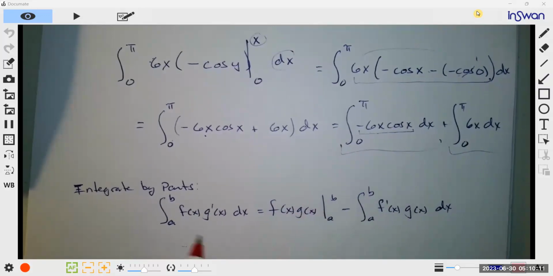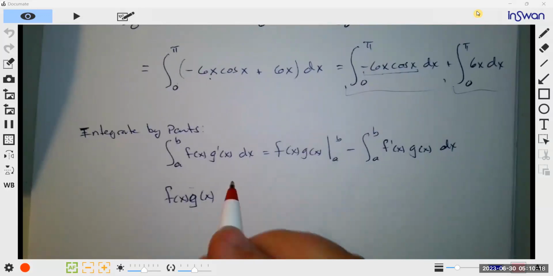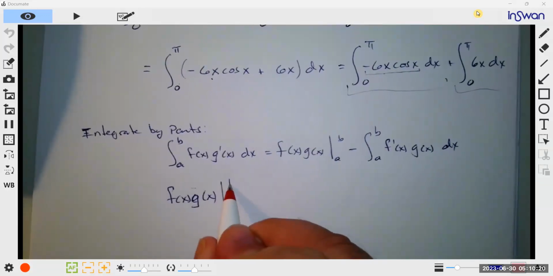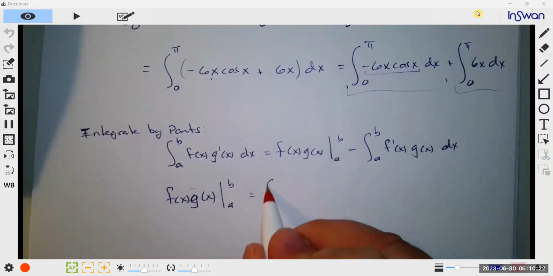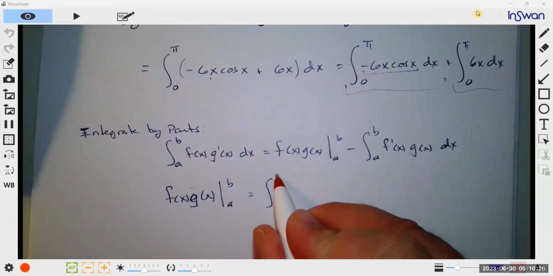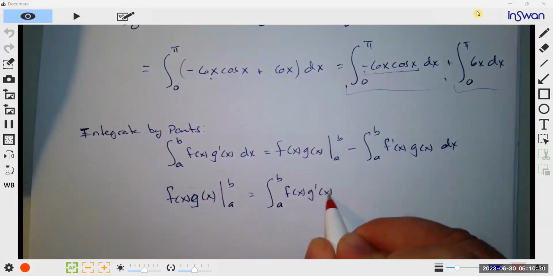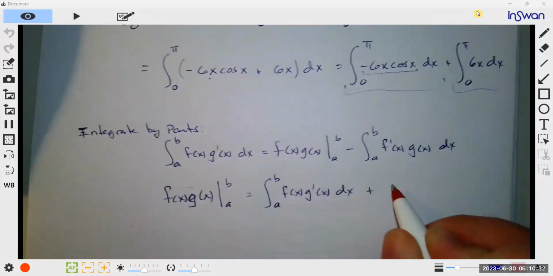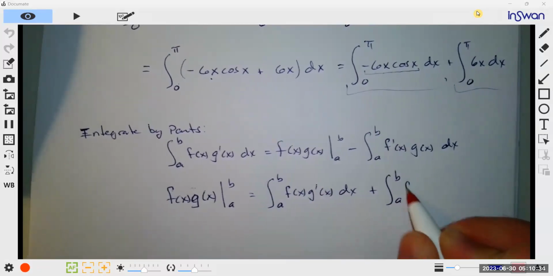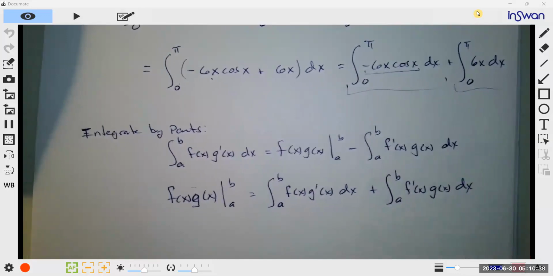And moving these things around, moving this part to the other side, we get the integral from a to b of f of x g prime of x plus the integral from a to b of f prime of x g of x dx.